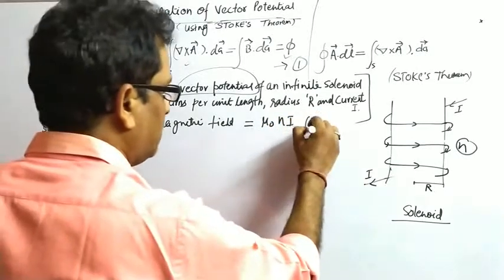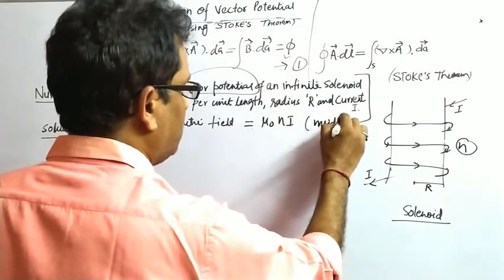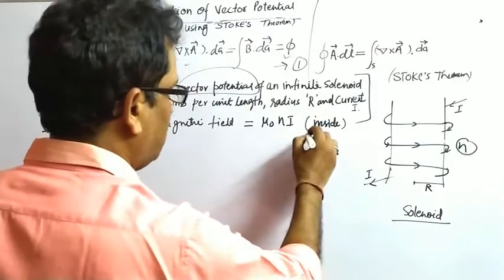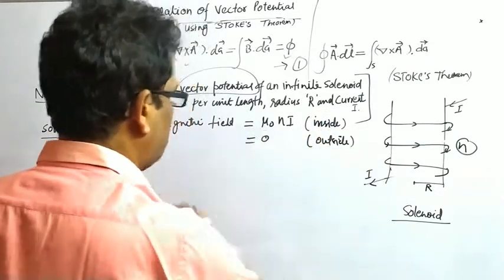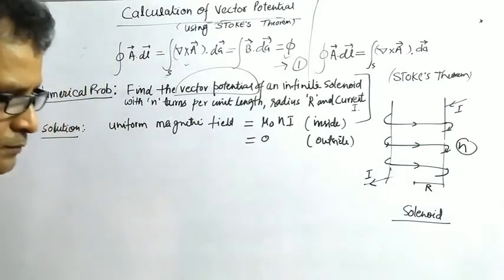This is for any point inside the solenoid, and for any point outside the solenoid it is 0. So this we all know.